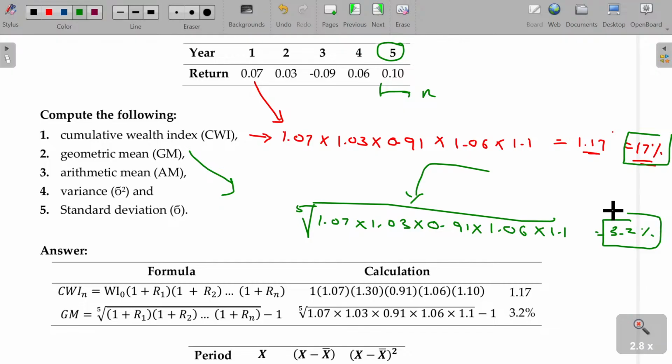But in case of cumulative wealth index, you thought it gives you 17%, so you decide to invest in this business. These two methods are both confusing you. One shows you that you are earning only 3.2%, another shows you almost a 17% return.